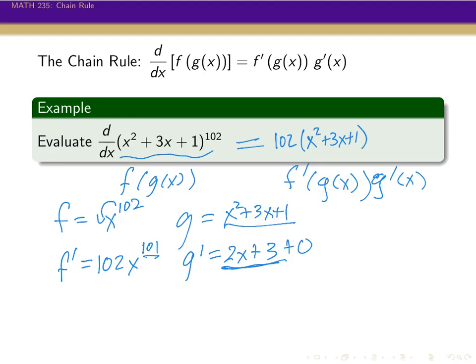Finish my f prime by raising it to the 101st power. And then at the end, I have to multiply by g prime, which is 2x plus 3. Okay, so overall our derivative is 102 times x squared plus 3x plus 1, all raised to the 101st power, and then multiplied by 2x plus 3.